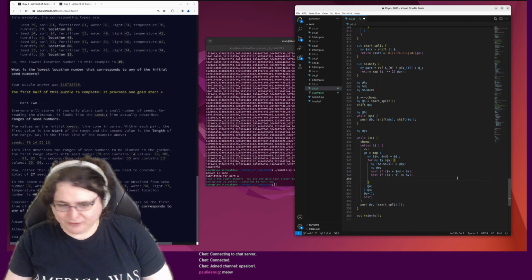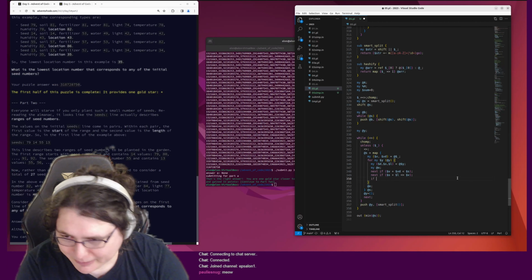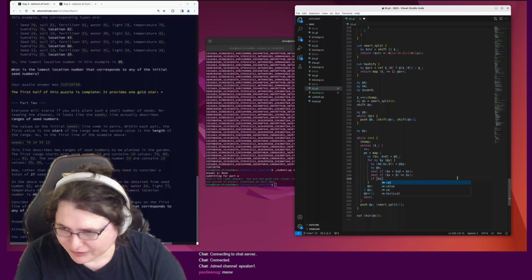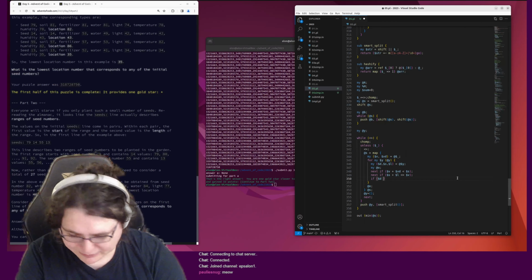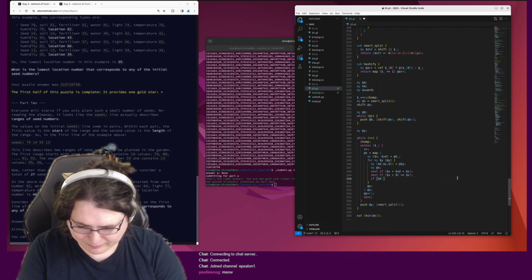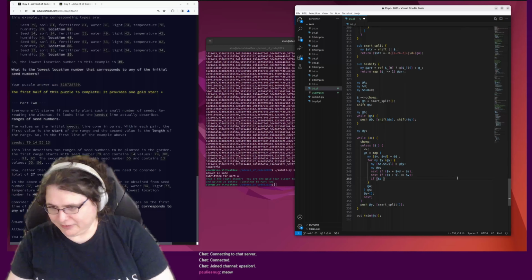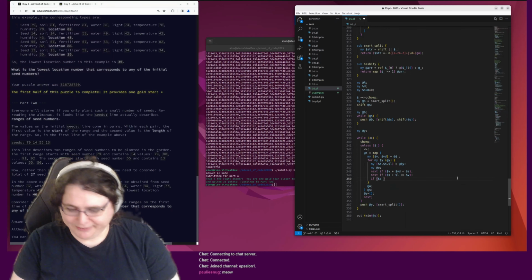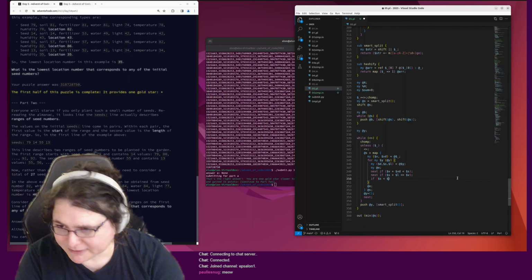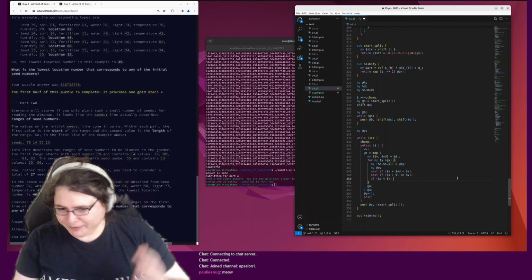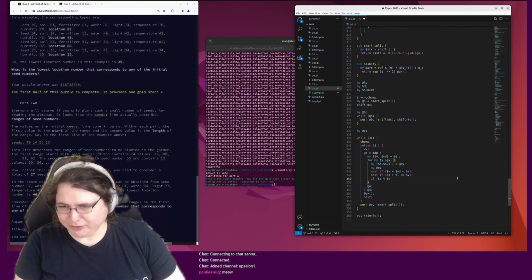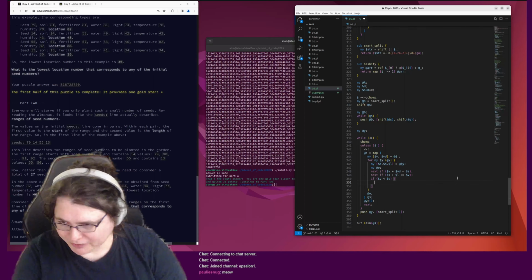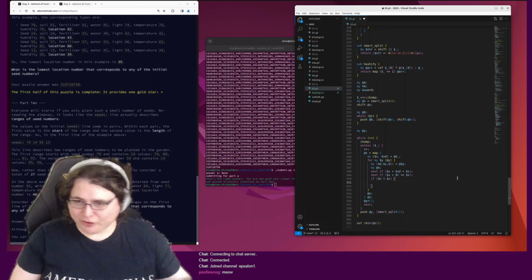Now I need to split into several sections. So let's check is the interval before. If s, the start of the interval we're intersecting, is less than v, I don't care about that. I care about if v is less than s. There's part of the interval we're looking at that started before that.